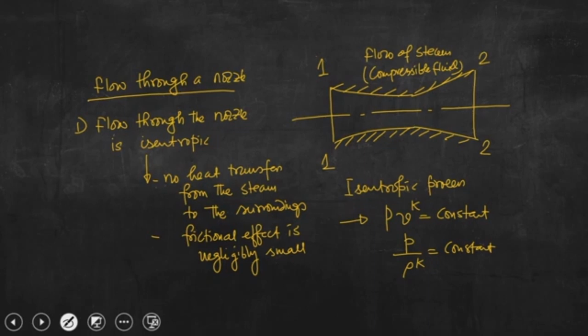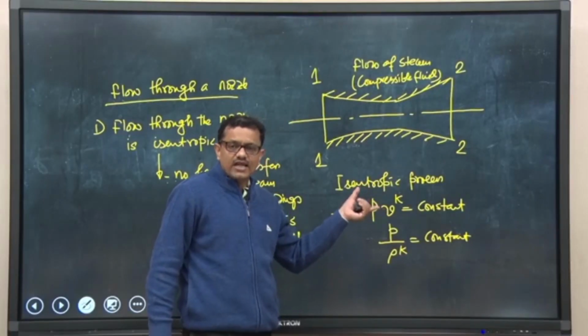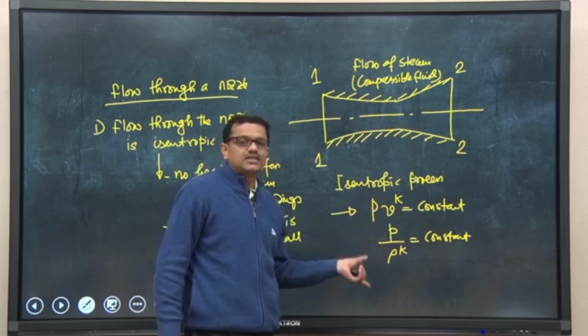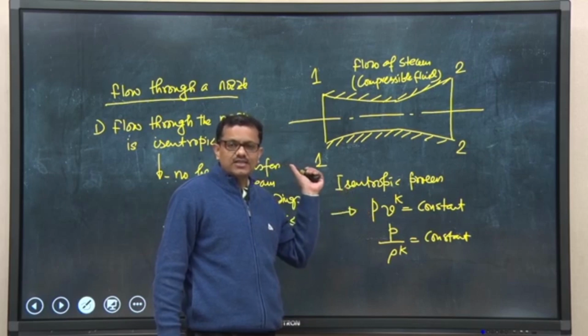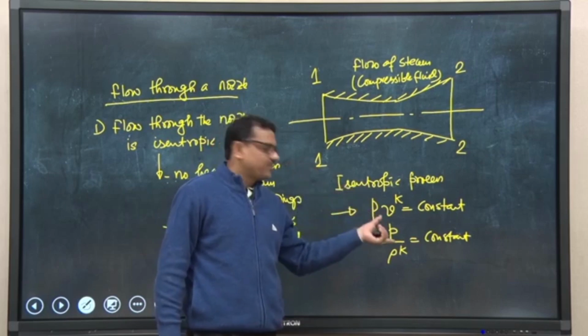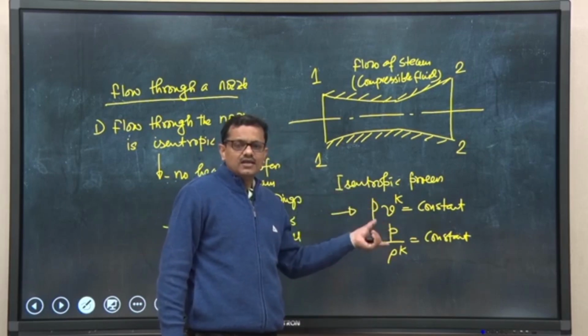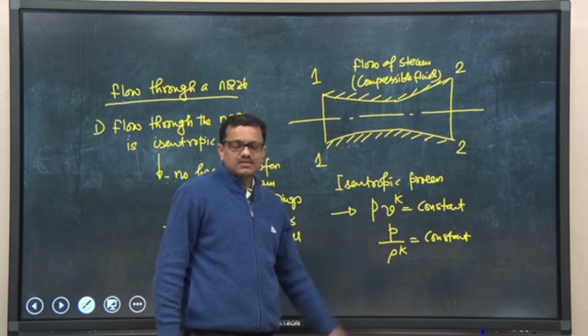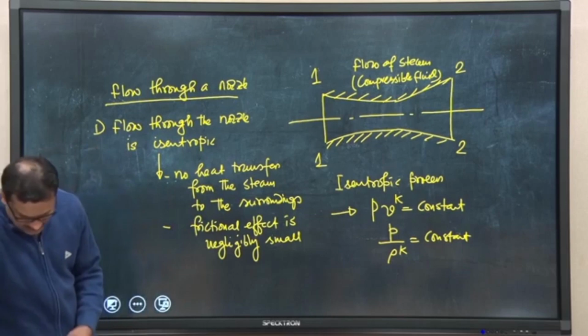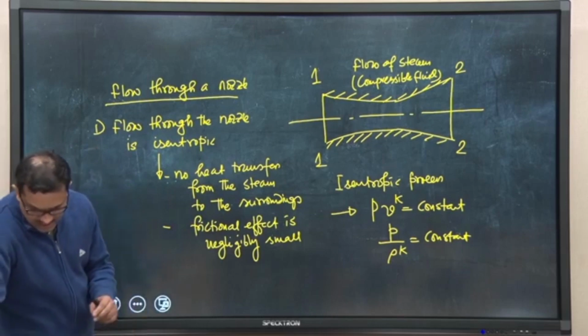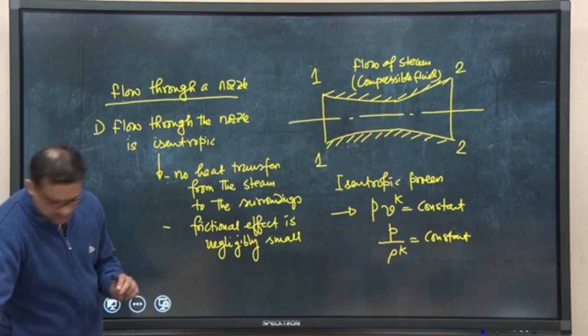So, this is the mathematical expression of the isentropic process. We are modeling the flow using this equation, and this k is the index of expansion of the isentropic process.